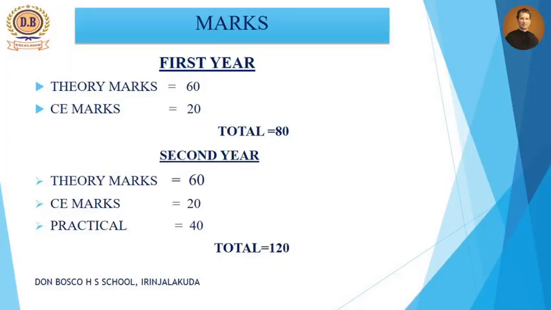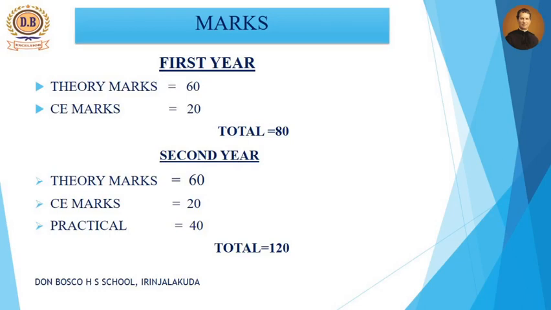This belongs to your behavior, how you present yourself in class, how you interact with the teachers, and how you score marks in your subject. So if you behave properly in class, then definitely you can score 20 marks. So the total score that you can earn in first year is 80 marks: 60 theory marks and 20 for CE.